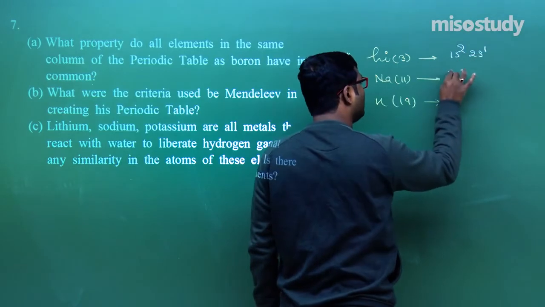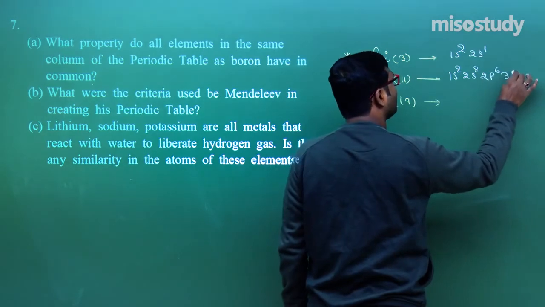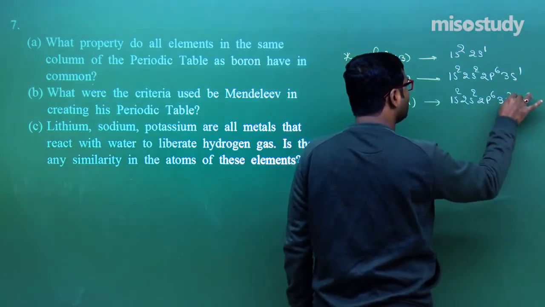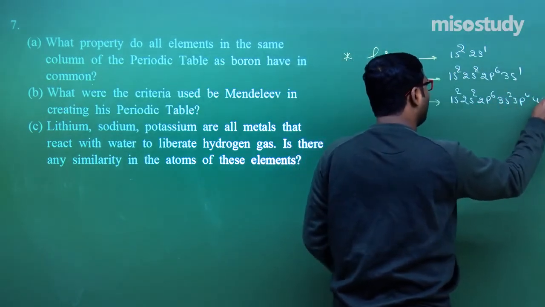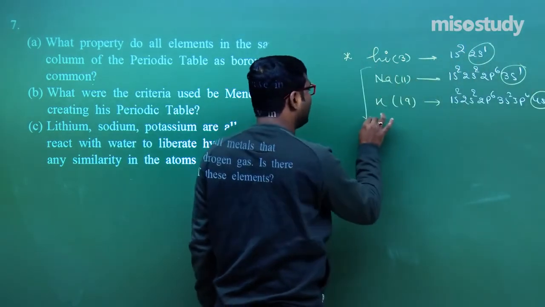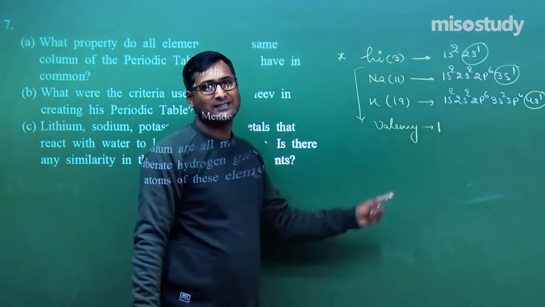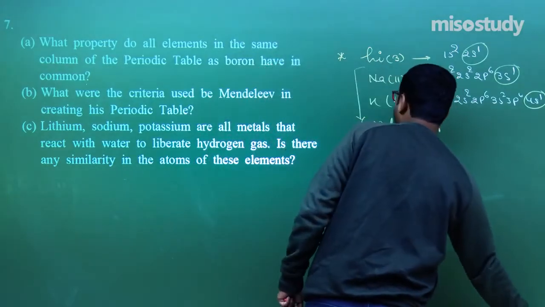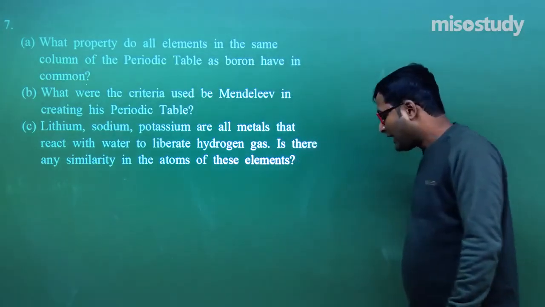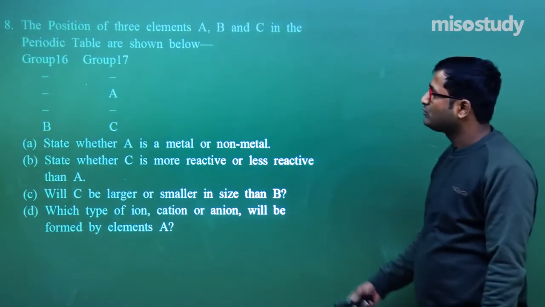Lithium 1s2, 2s1; sodium 1s2, 2s2, 2p6, 3s1; potassium 1s2, 2s2, 2p6, 3s2, 3p6 and 4s1. All have the same valency, that is valency 1. Clear? This is the similarity, and definitely they will have similar chemical properties also, my friend. I tried to cover the maximum number of questions from the NCERT syllabus. Now let's move to question number 8.